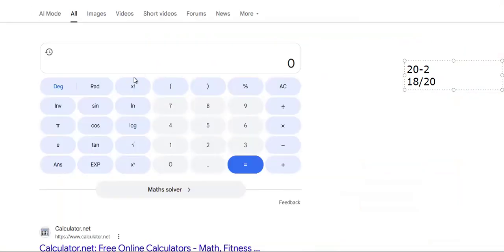Yeah. So 18 divided by 20 multiplied by 100. So the overall change would be 90%. So that's it, and thanks for watching.